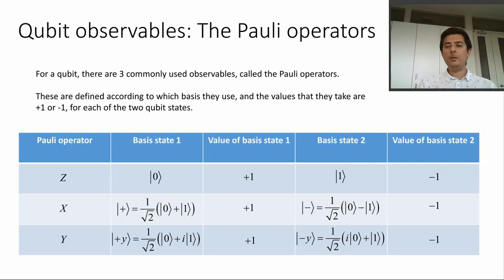We're mainly going to be working with qubits because this is a course on quantum information, and the qubits are the analog of the bits, and we're going to build up to doing things like quantum circuits. So the most relevant observables for qubits are the so-called Pauli operators.